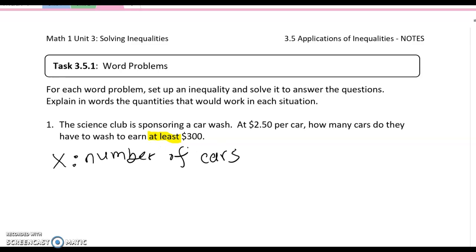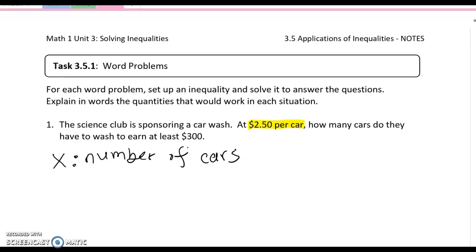Just like what we did for equations, we need to define what our variable x is going to represent. Since we're looking for how many cars, we'll let x represent the number of cars. Because it costs $2.50 per car to wash a car, we're going to use that to start writing our equation. Recall with equations that the word "per" means multiplication.